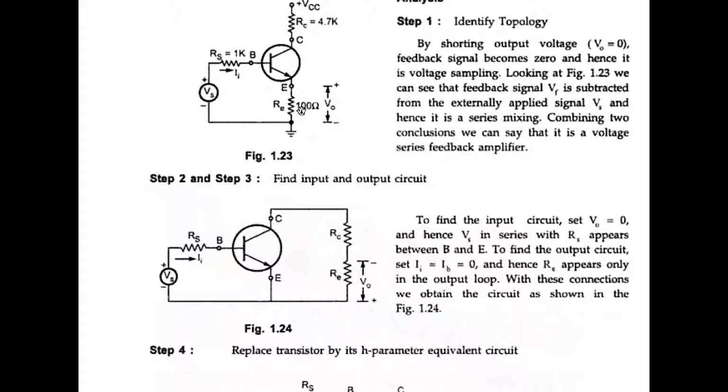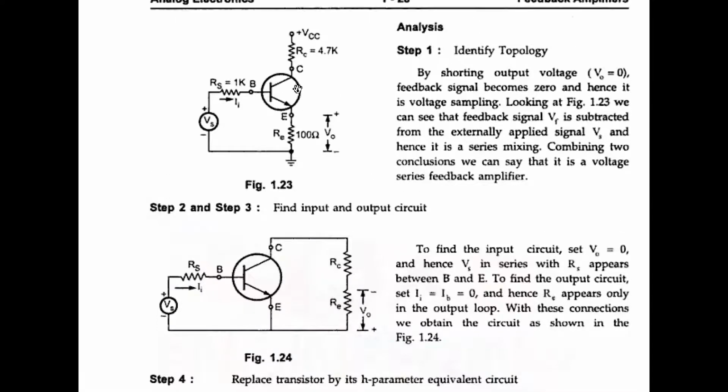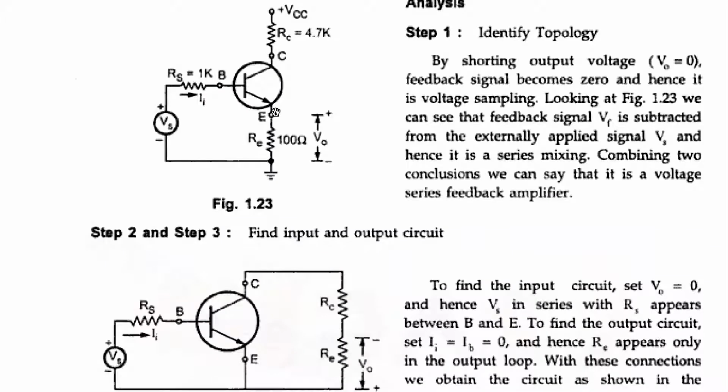Now, an easy question for all of you. I told you, if you make V0 0, in the input loop the feedback signal becomes 0. V0 is in the output loop, across RE.